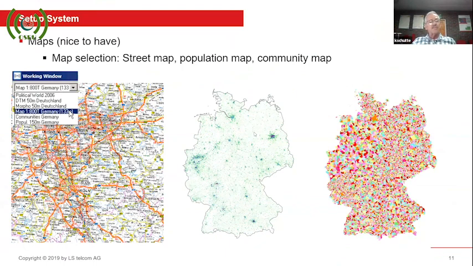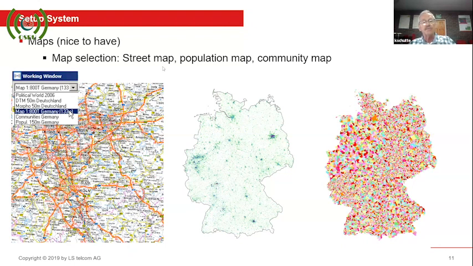Then obviously there's other maps which is nice to have, and that will be a political world map which shows you the borders of the different countries. And then it can be all other types of maps, but you also have the opportunity to actually use Google Earth in the background, and then you can zoom in, or you can have OpenStreetMap, which is at different resolution levels, and that will give you very good information for specific areas where you are concerned about coverage, and to identify those very small areas which are uncovered.